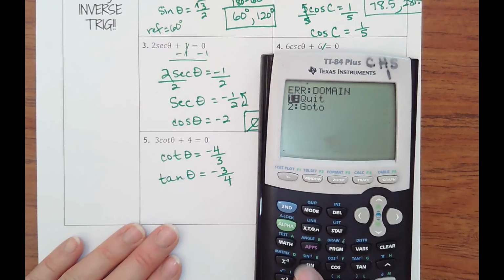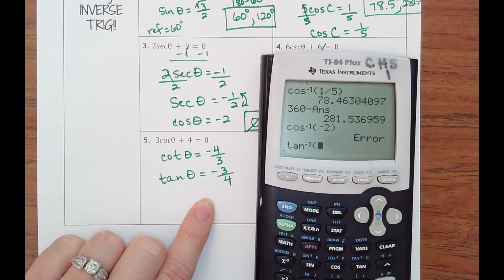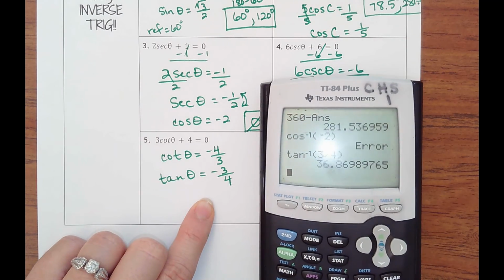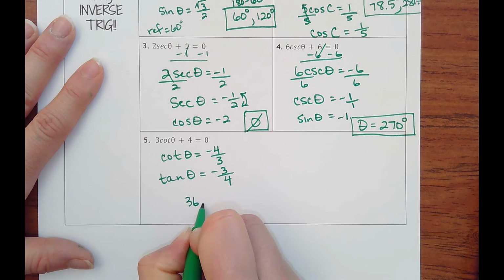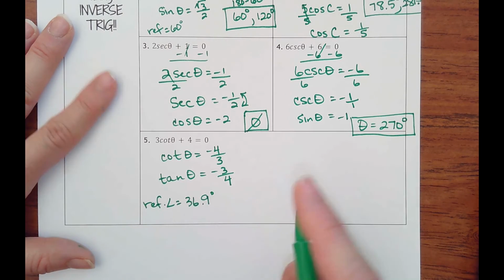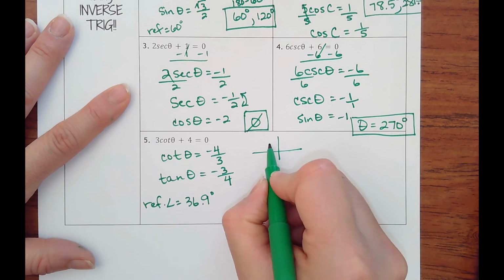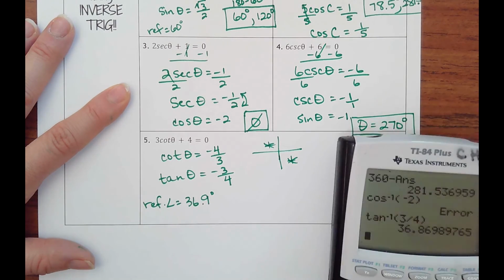So we would have to go and put in inverse tangent of, I'm going to actually just do regular 3/4, which is 36.9, the reference angle. And then this is where tangent was negative, which happens in quadrants 2 and 4.